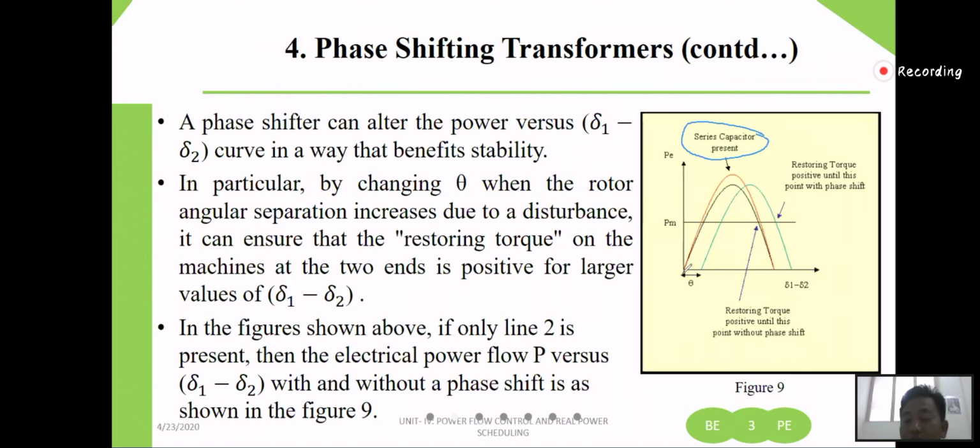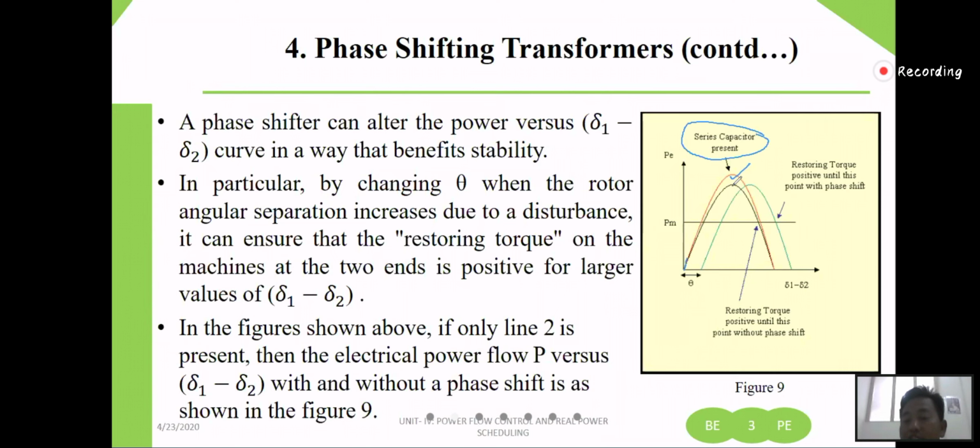Now when you use a series capacitor, you will control the power flow, and here you see this red line. When you use a series capacitor, or series compensation, your power flow is controlled, but the power increases from the initial power flow.